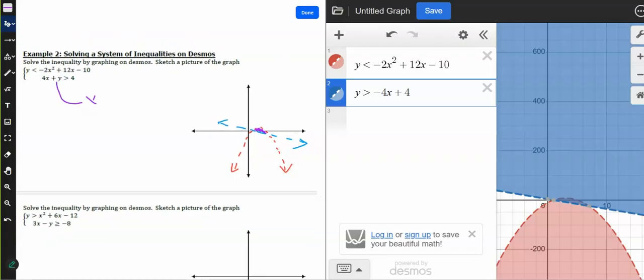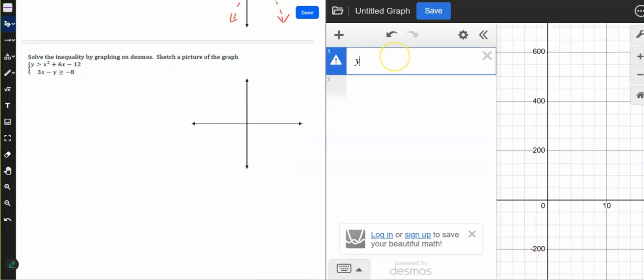So, I would recommend putting everything solving for y on all of these and graphing them. I know Desmos can handle it without doing that, but I would suggest you graph it just for your own peace of mind, so you can think to yourself, should I be shading up, shading down, to make sure this is right?